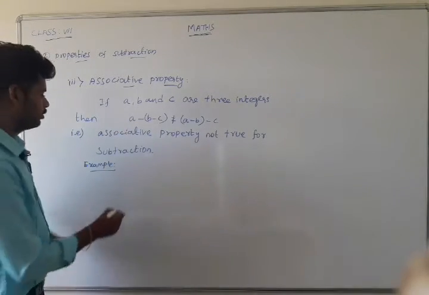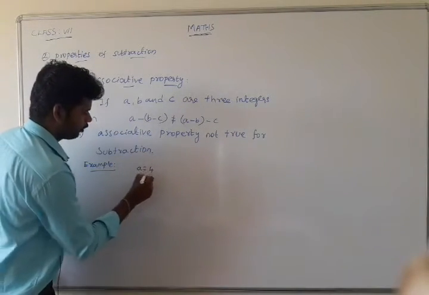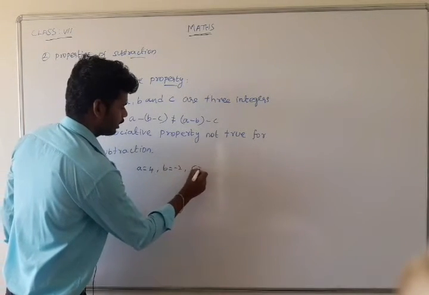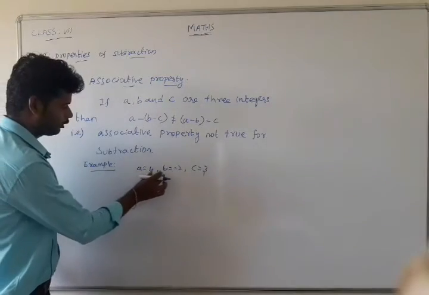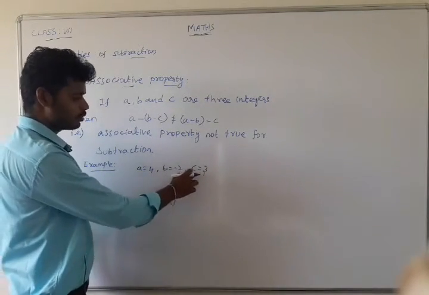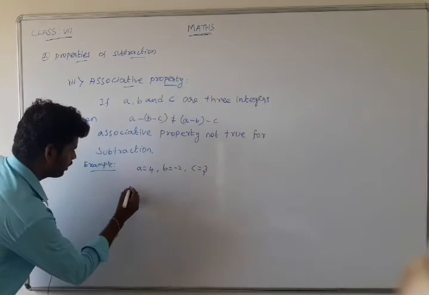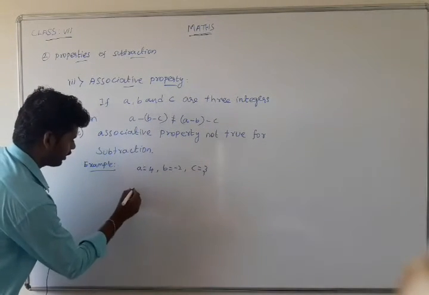you take three values: A equal to 4, B equal to minus 2, C equal to 3. Here apply, first this one, write it.